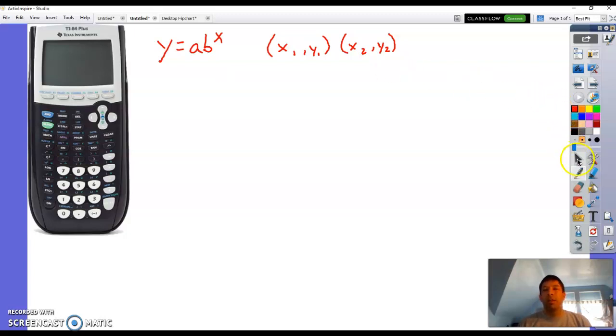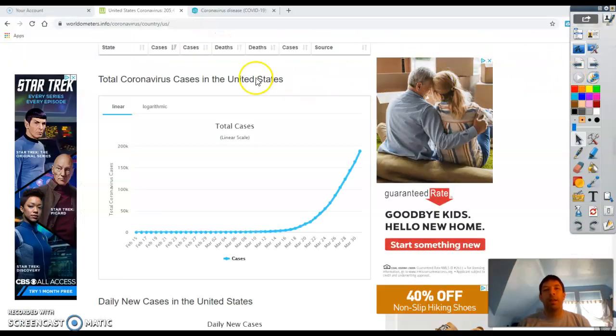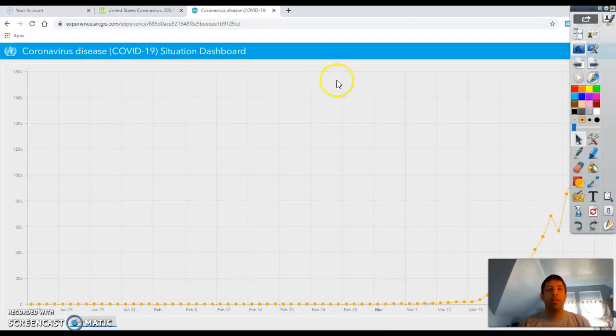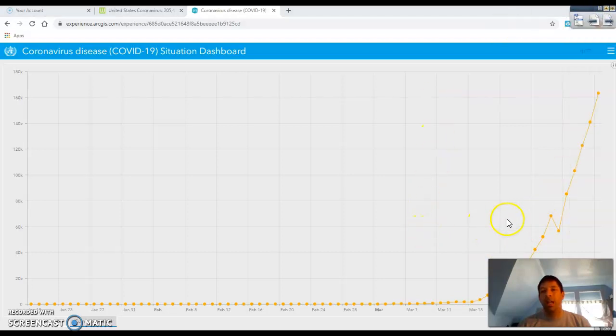To do that, we're going to look at some data about something timely right now. We've got the coronavirus, okay? This is a website from the World Health Organization, and you can see the cases every day, the number of new cases each day.